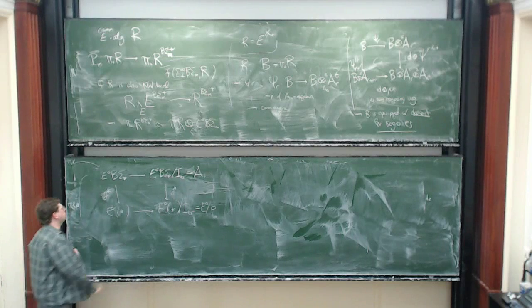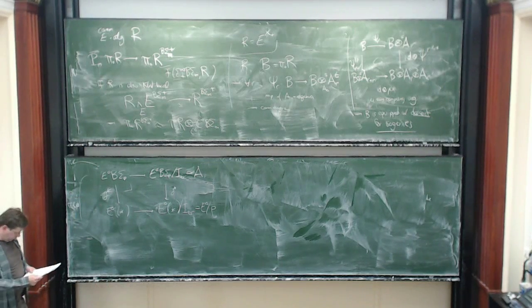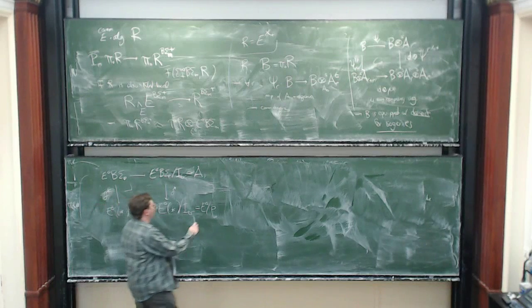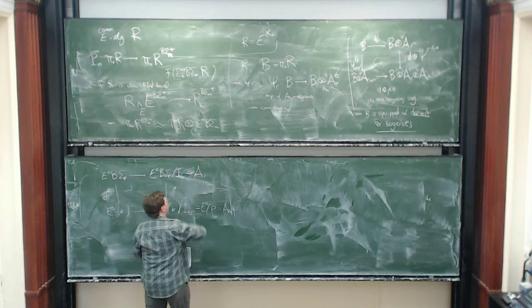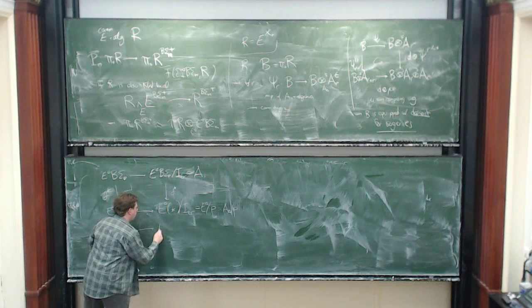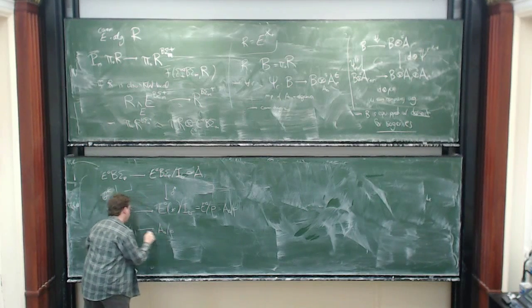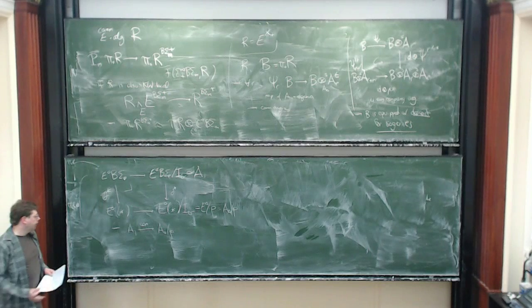This square turns out to be a pullback square of rings, as well as a push-out square of rings. I've distinguished here a map. This ring is A0 mod P. This is A1. So somehow I've produced a map from A1 to A0 mod P. Let me call this can. What is this map can? This classifies something geometric.